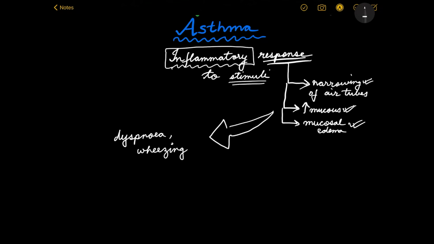And what I mean by stimuli, let's write that down as well. The stimuli can be infection, some kind of pollution, exercise, can be any kind of allergen, because asthma is an inflammatory response. It's a hyperreactivity reaction, actually, a type 1 hyperreactivity reaction.